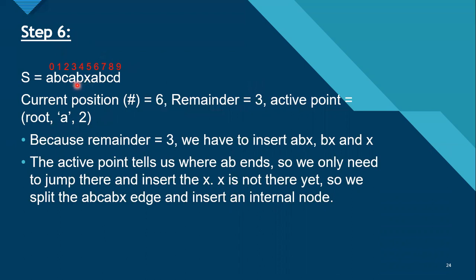So we have to insert ABX, BX, and X. And the active point tells us exactly where AB ends, or in other terms, where we need to insert X. So we will jump directly to this position and check whether X is already there or not. Based on that, we will insert X, or we will just update the active point like what we used to do.